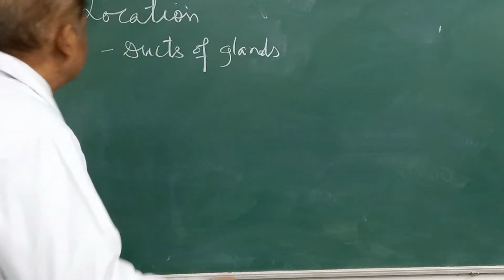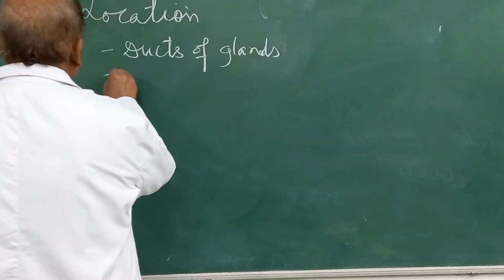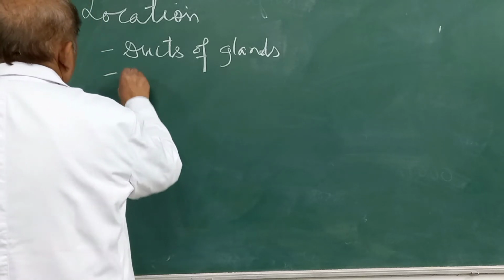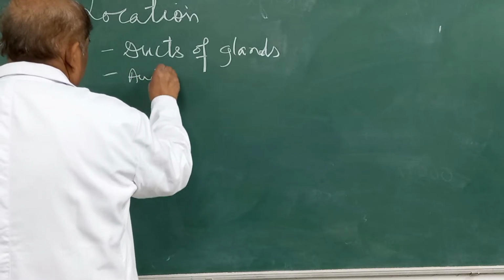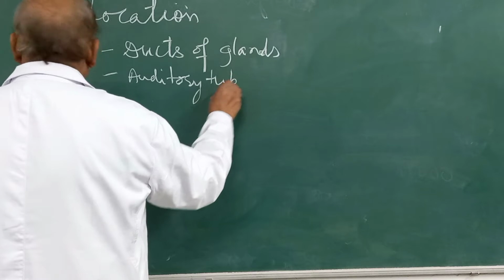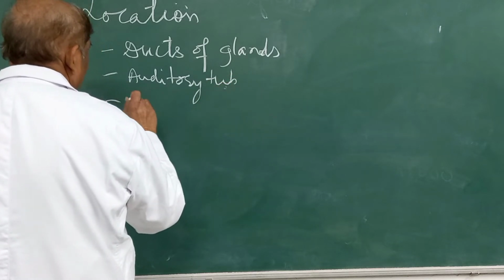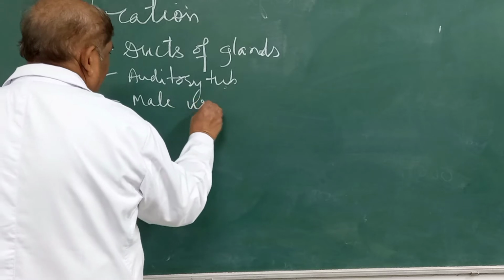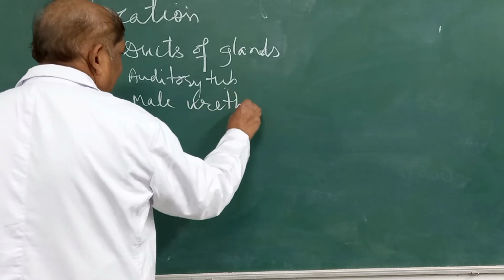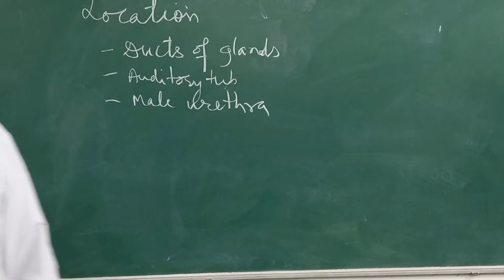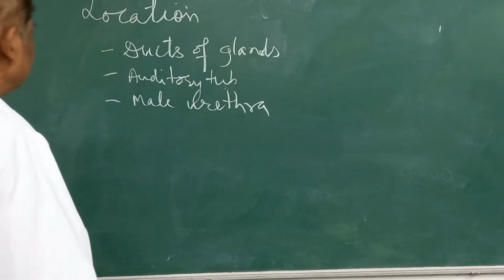Then this pseudostratified epithelium is also located in the auditory tube. It is also located in the male urethra. Okay, the male urethra is quite long. So it is in the penile urethra or the male urethra.